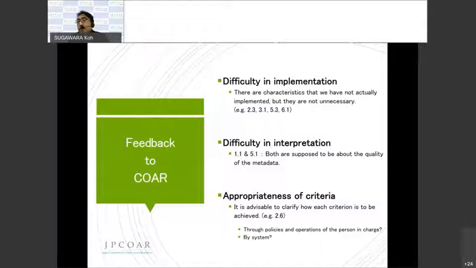Therefore, it would be easier to create a checklist if it were made clear in advance which of these elements each criterion refers to. When the criteria are revised in the future, I hope that COAR will explain whether each criterion should be met by system or by policies, or by both, and so on.